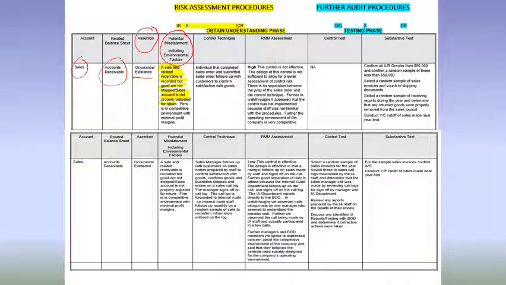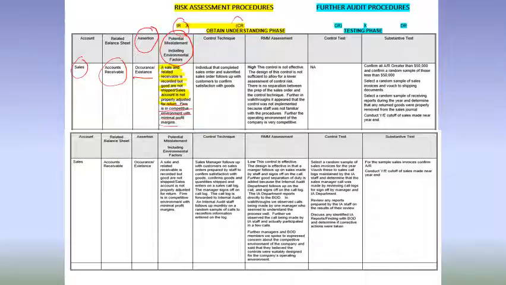But then we also look at what? Environmental factors, and so we say that the company operates in a very competitive environment with minimal profit margins. Now, notice as we look at the account and the potential for the misstatement, we're thinking about our inherent risk factors here, right?